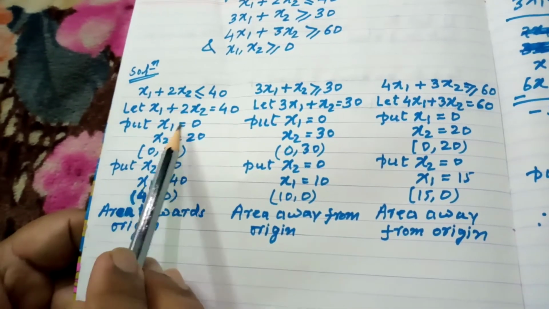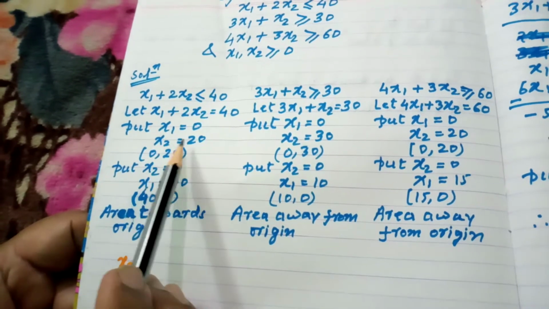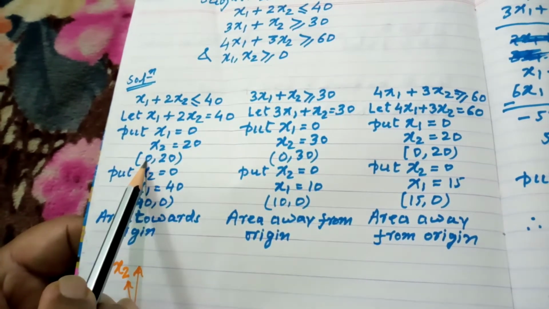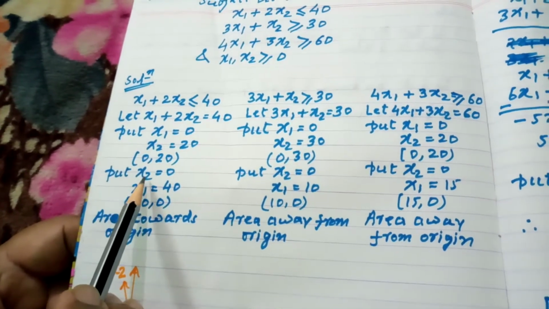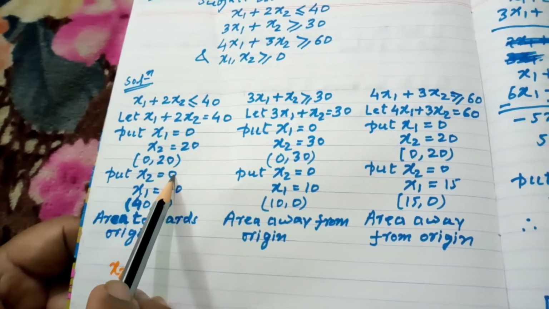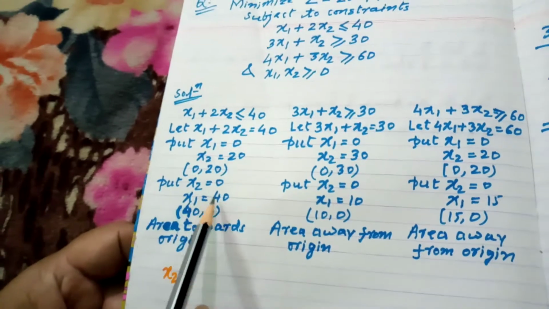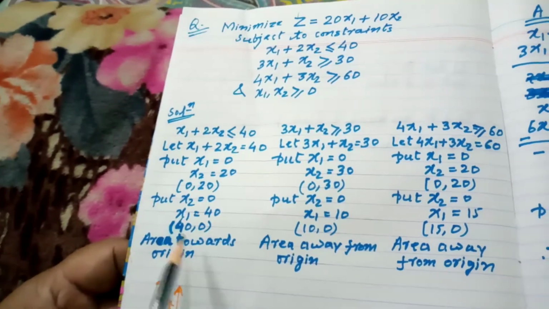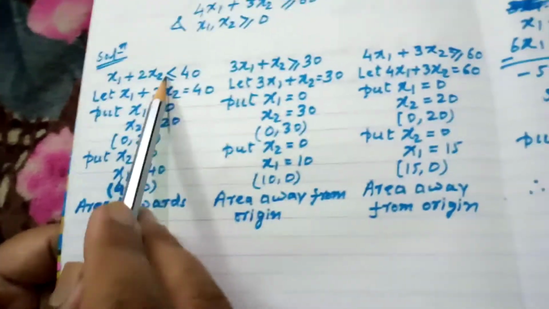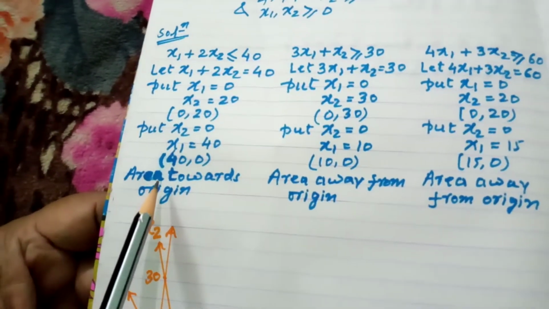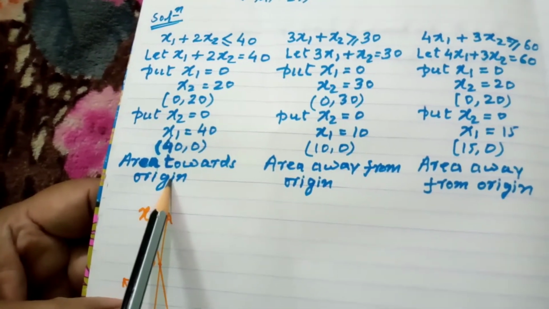Now putting x1 equals 0, we get x2 equals 20, which means the first point is (0, 20). After that we'll put x2 equals 0. So we get x1 equals 40. So the second point is (40, 0). And since the sign is of less than equal to type, the area will be towards origin.